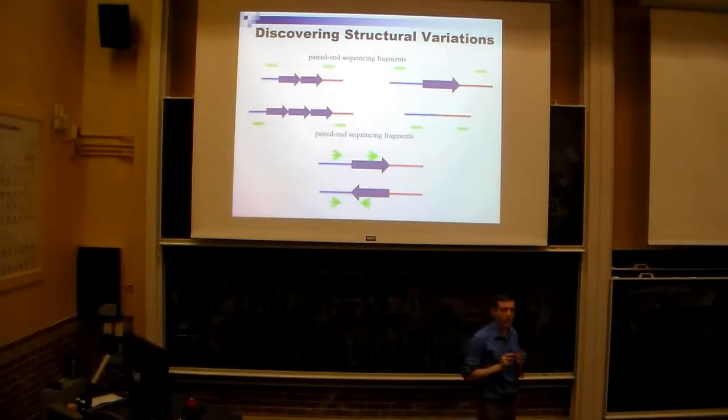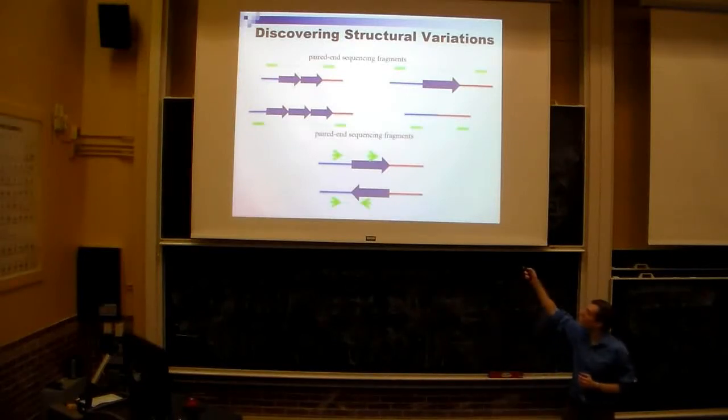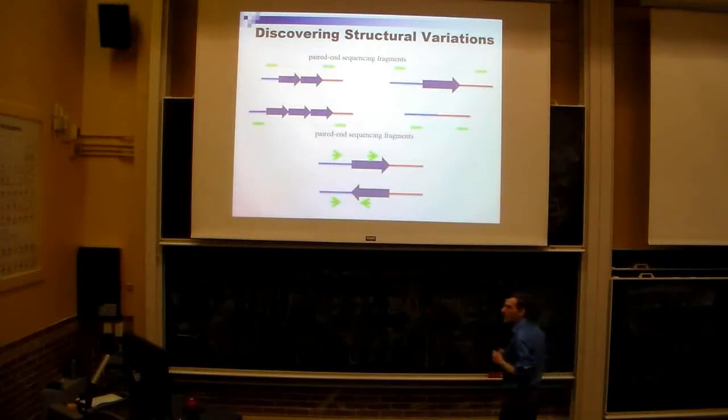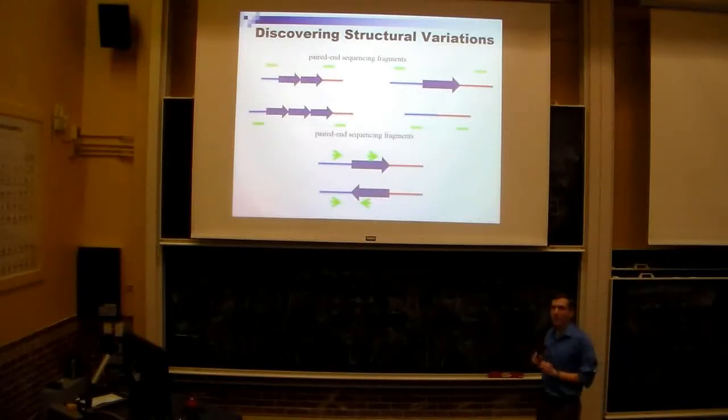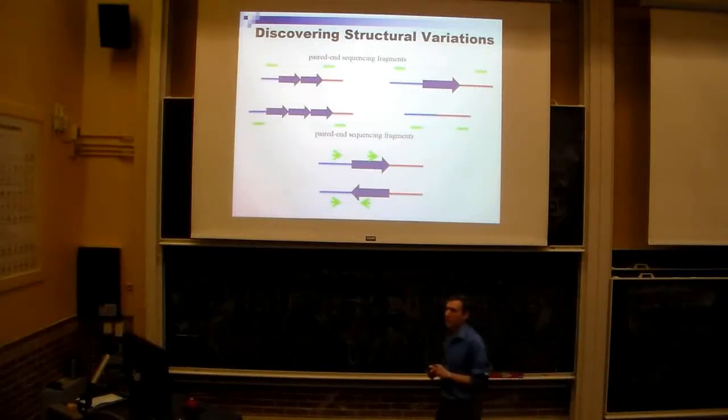They'll seem to be a different distance apart in the reference genome than the distance we actually know that strand has, and then we could figure out that either something is missing from our new genome or that something was inserted in there, and we could figure out the approximate length of it based on the discrepancy between the actual length between those paired ends and the one they seem to have when you map them to the reference genome.